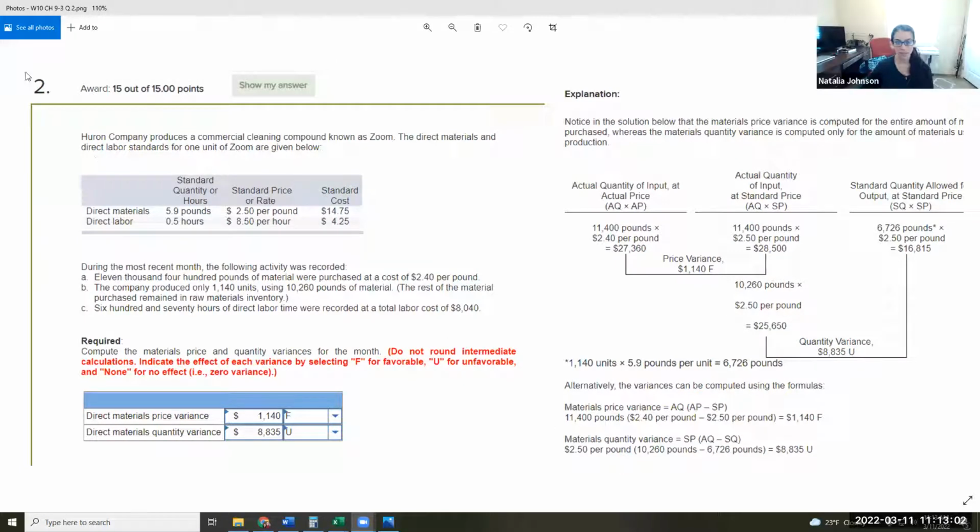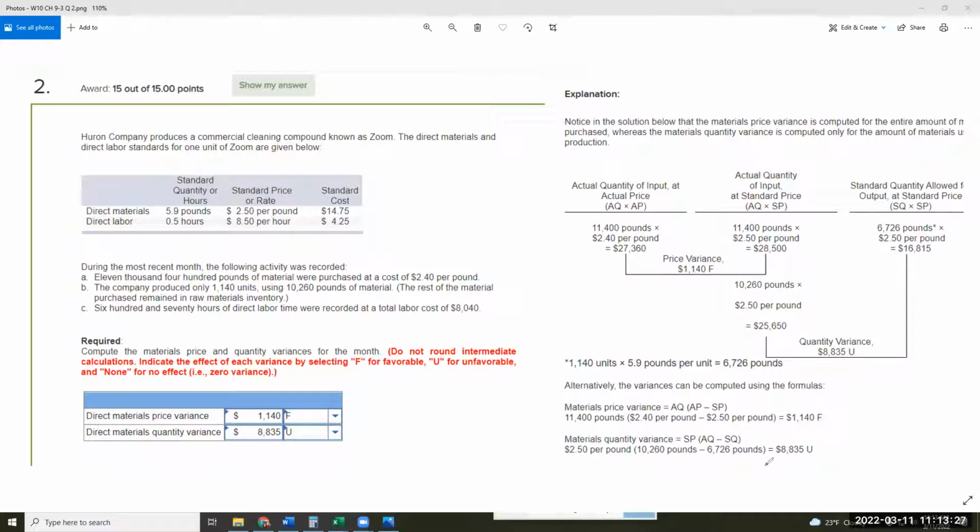Okay, thank you. On the quantity variance, that 6,726, you used the actual production of 1,140 units to get that 6,726.